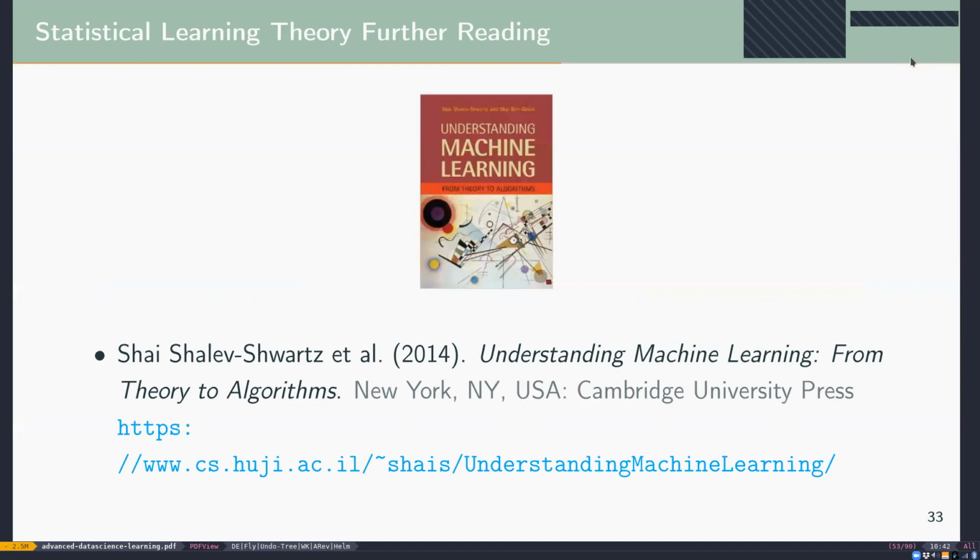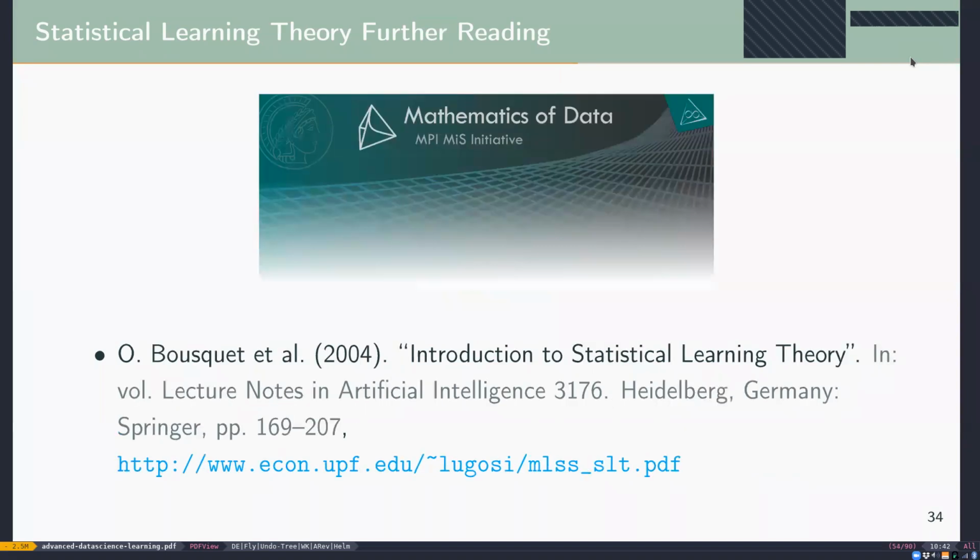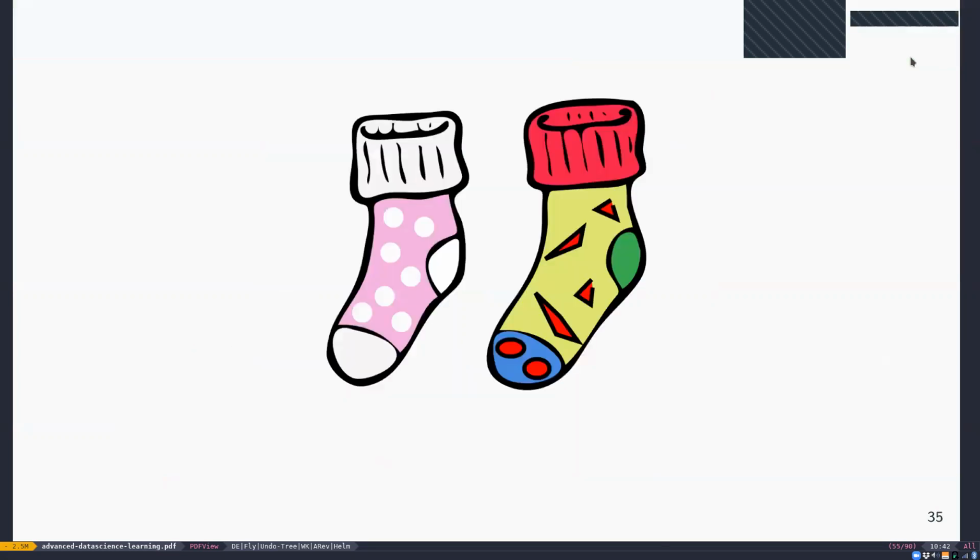So if you want to know cool stuff about rubbish, here's a great book, the one I've referred to. It's a free PDF. Here's a fantastic course if you want to know more about structuring learning around these things. So, machine learning is not rubbish. Machine learning is awesome.